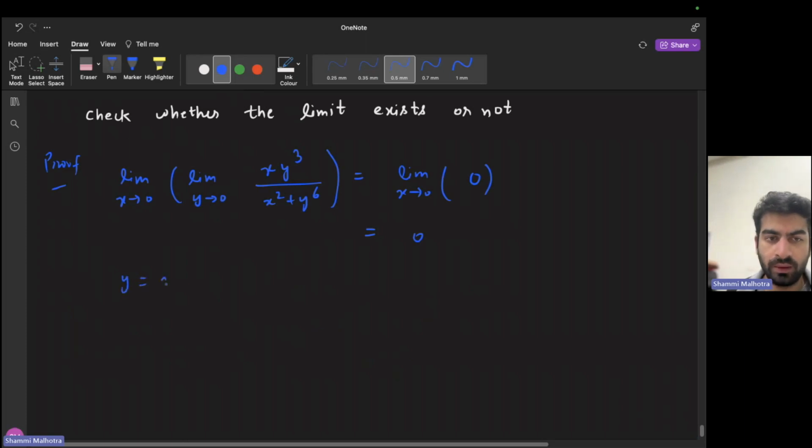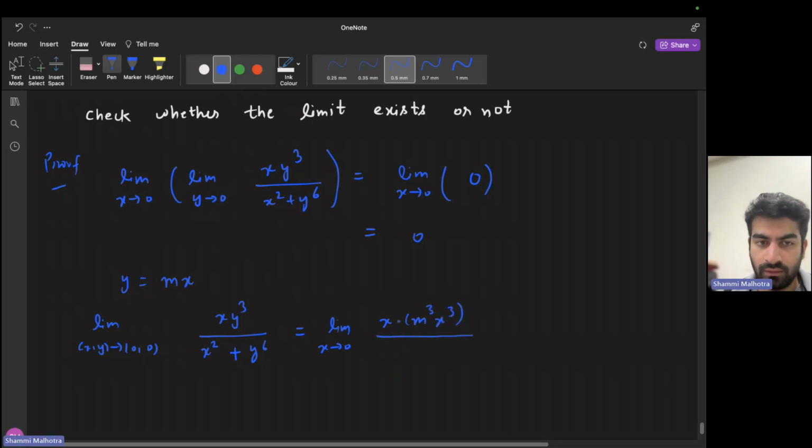If I take the normal paths, y equal to mx, limit x y tending toward 0 0 of x y cube over x square plus y raised to power of 6, this will be limit x tending toward 0 of x times m cube x cube. So x raised to power 4 is there, and then we have x square plus m raised to power 6 x raised to power 6.